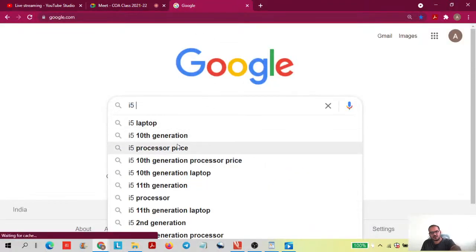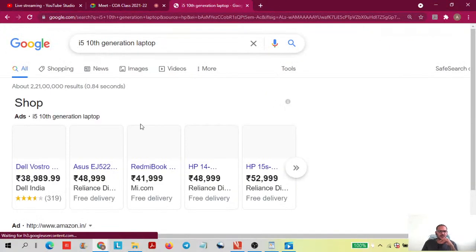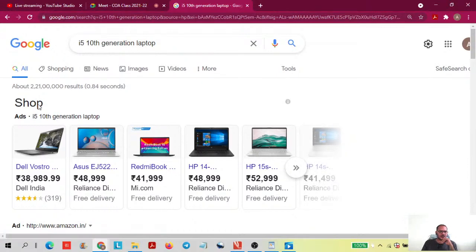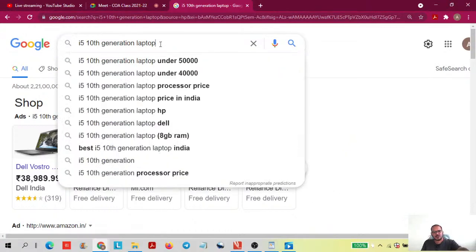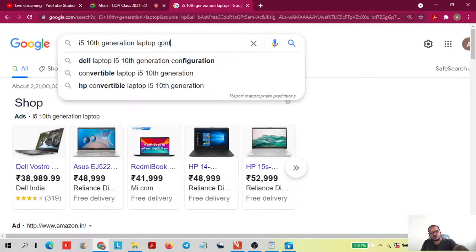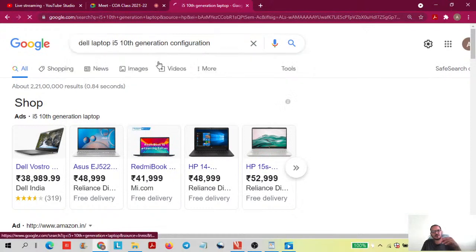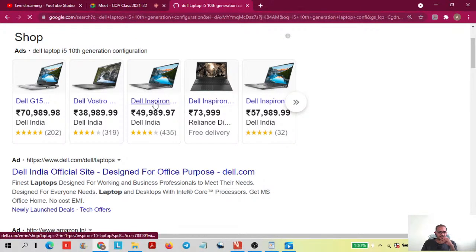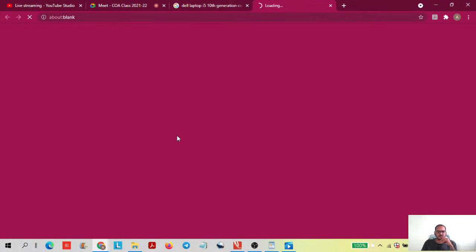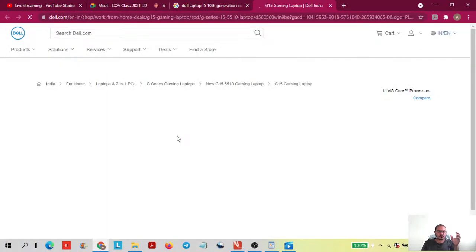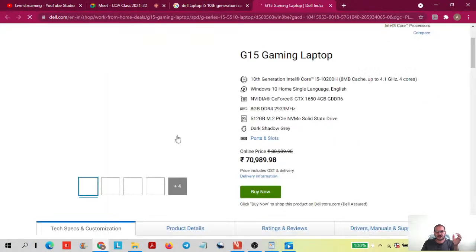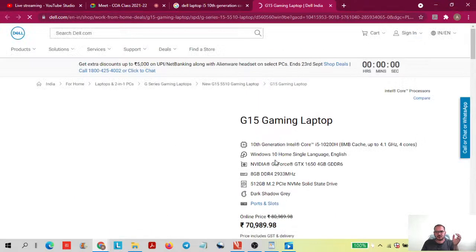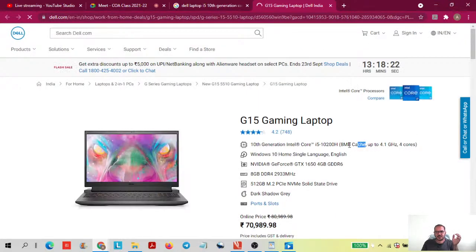Here, i5, 10th generation. You can see there are different generations, and the transistor count has increased to billions on the processor chip. You can see how the processor has changed: there is 8 MB cache memory, which can extend up to 4.1.